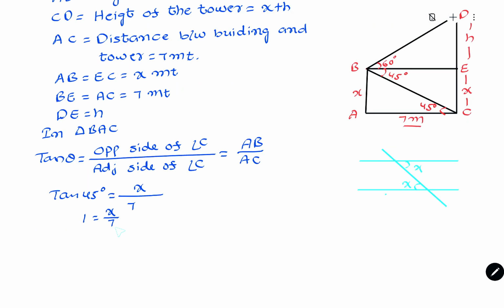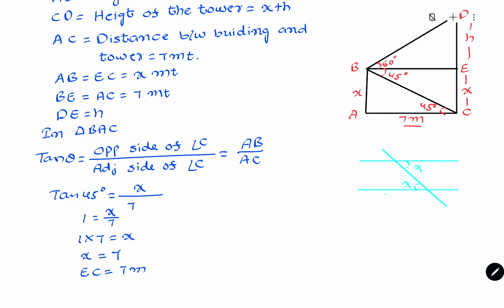Now transpose 7 from RHS to LHS. This will multiply. 1 into 7 is equal to x. We can write x is equal to 7. This is the height of the building. And also EC length is 7 meters.